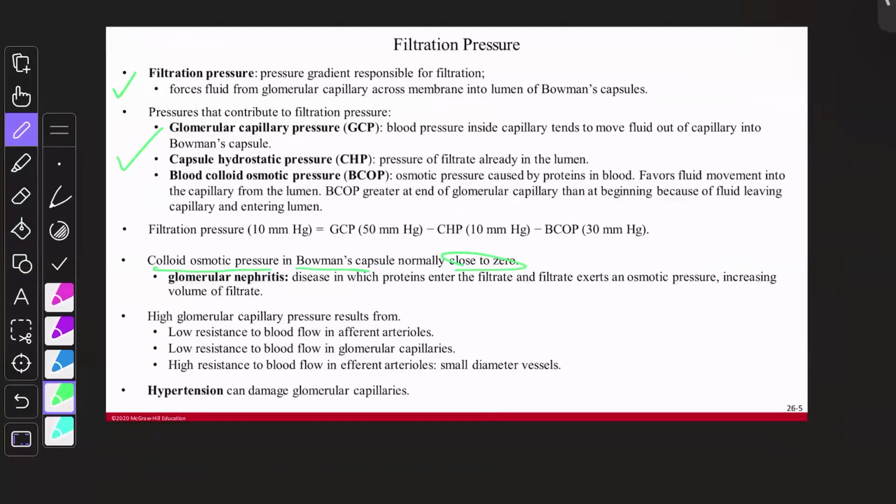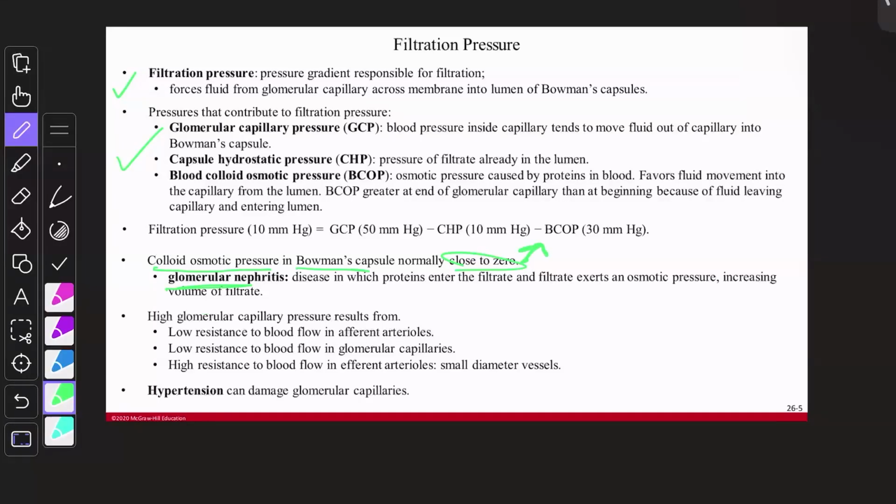When proteins that are in the red blood cell get pulled into the Bowman's capsule where they're not supposed to be, that is going to cause a change in this number. It's going to make this number go up. And that is a problem because we're now moving away from our positive net filtration pressure. We call that glomerular nephritis.